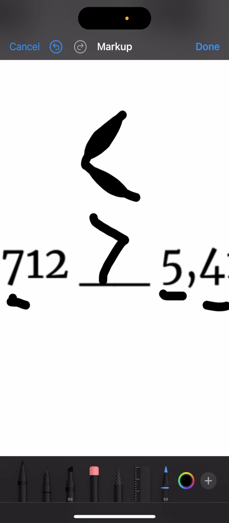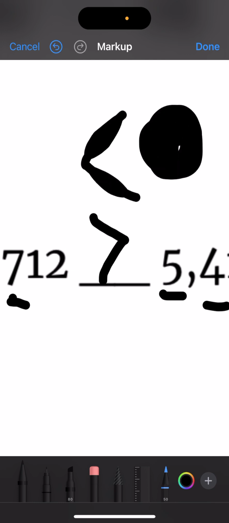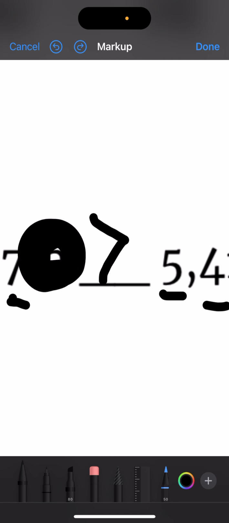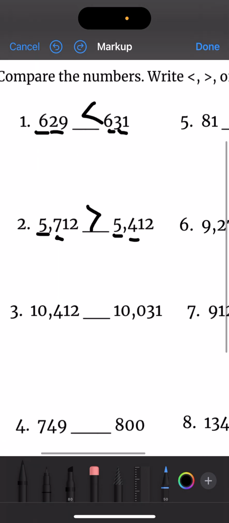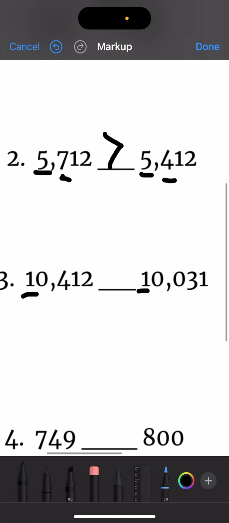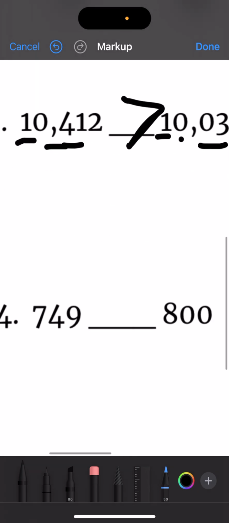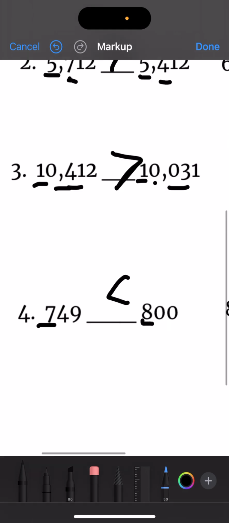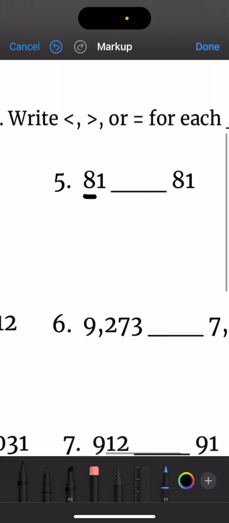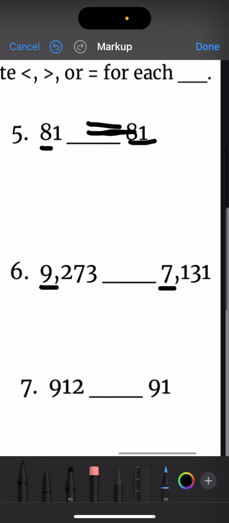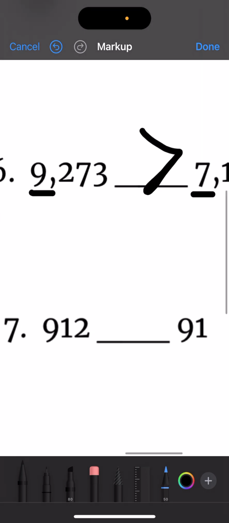So if it was like this, whatever is here would be bigger. Whatever here would be bigger. And we have 1, 1, 0, 0, 4, 0. 4 is greater. 7 and 8, 8 is greater. 81, 81, they are the same. 9 and 7, 9 is greater.